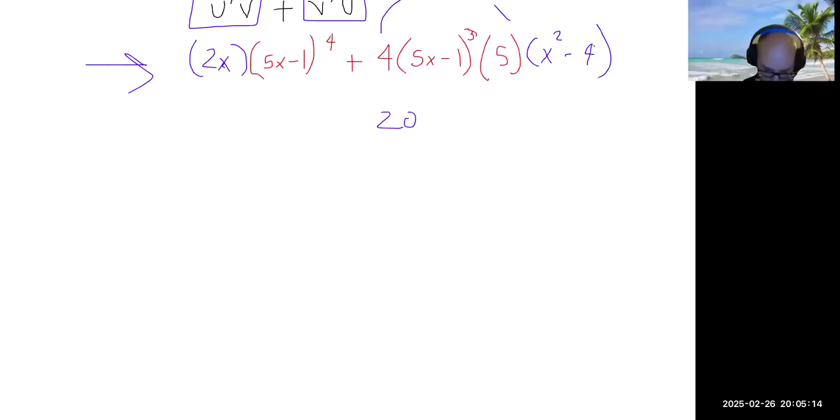Find the equation of the tangent line to the curve at the point given. So let's start with A, and then we're gonna do B.